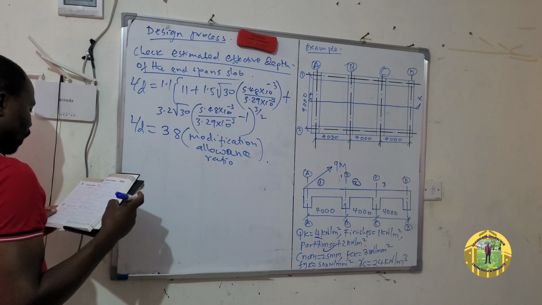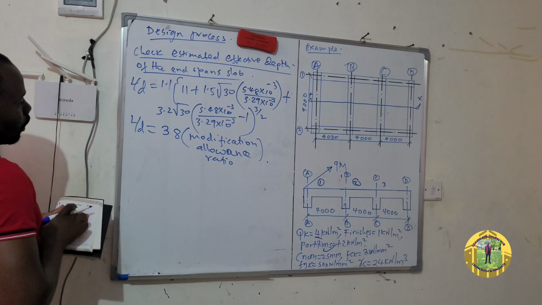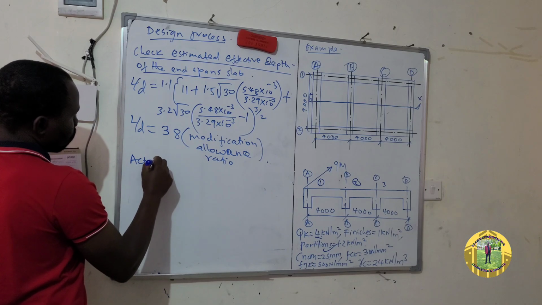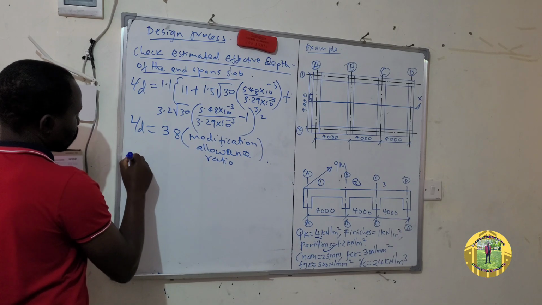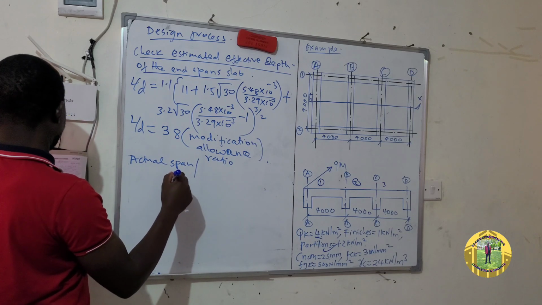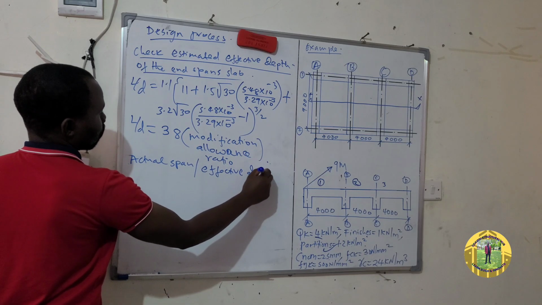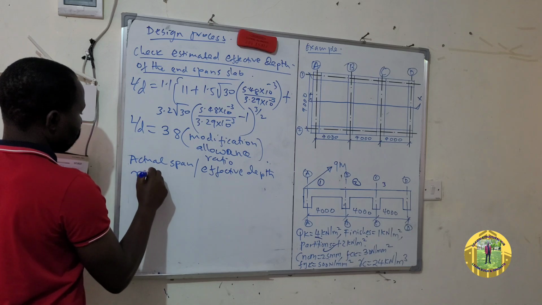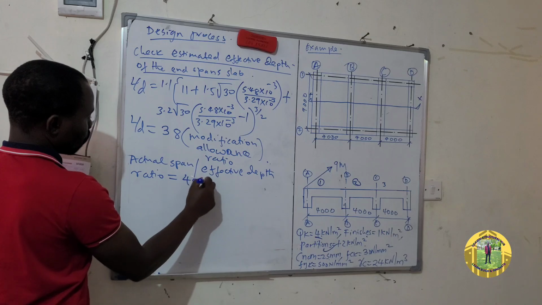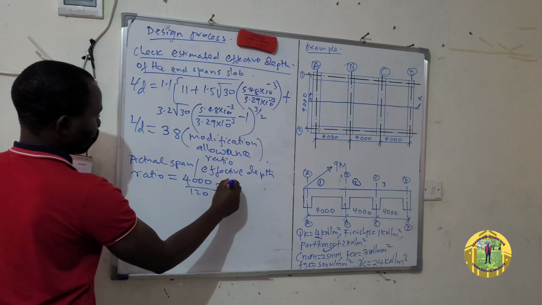So the actual span over effective depth ratio is equal to 4,000 all over D. D is 120, so this one will give us 33.